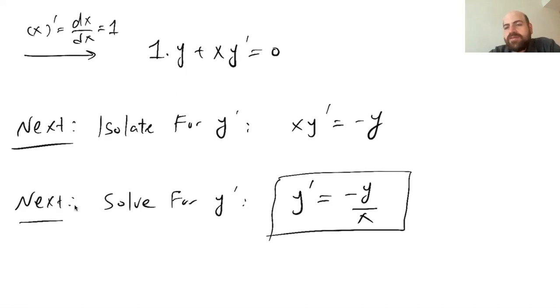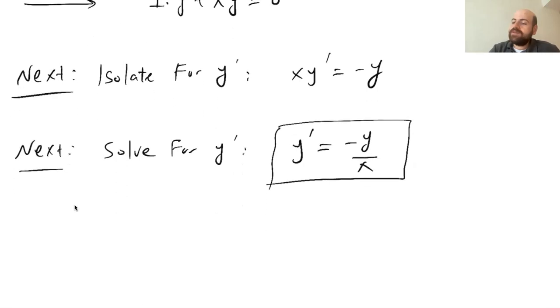But here it's just one term containing y prime, so we have just xy prime equals minus y. There's no need for factorization. And then just solve for y prime, which means just divide both sides by x. And then we get y prime equals minus y over x.